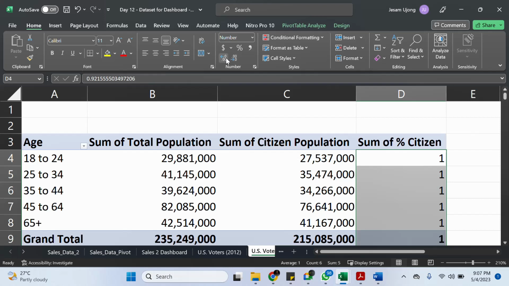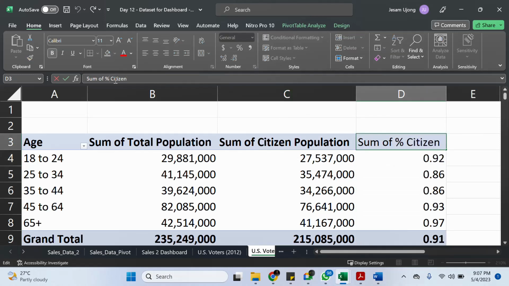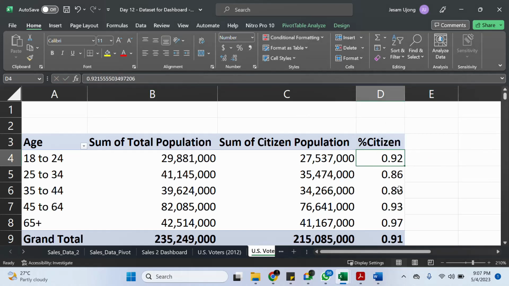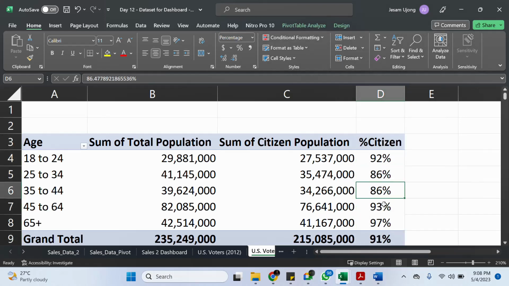So I'll just increase the number of decimal places and you'll see the actual value. So I can now convert this to percentage, just highlight everything and apply percentage. So here we see the percentage of the citizens.